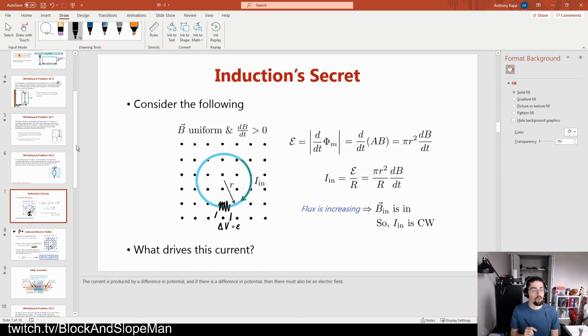But that's exactly what's going on. When we're talking about AC generators, there is essentially the coil itself that's generating the electricity, that's experiencing the flux, but then it's attached to what we call a load resistance. And the load resistance is everything else running off of that. So everything else running off of that takes up the bulk of the resistance, and that's where the main potential difference actually is.